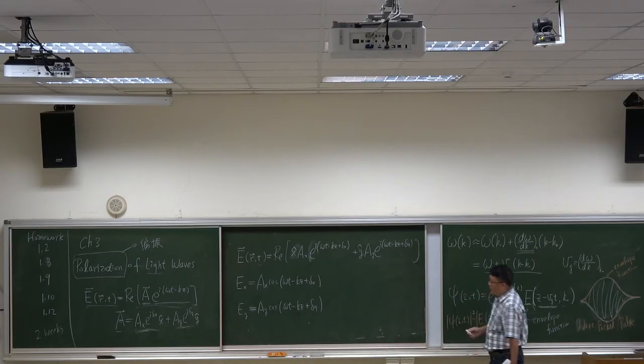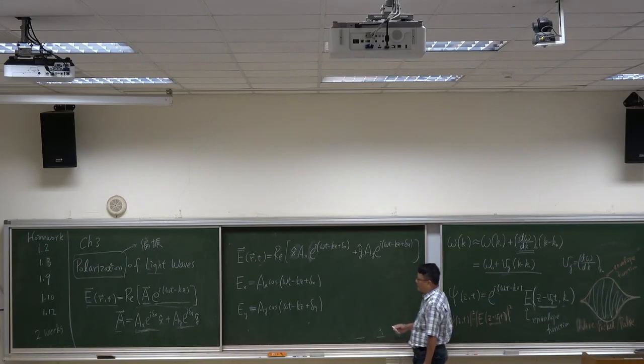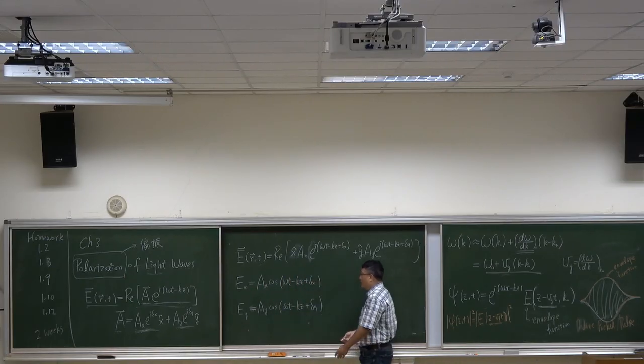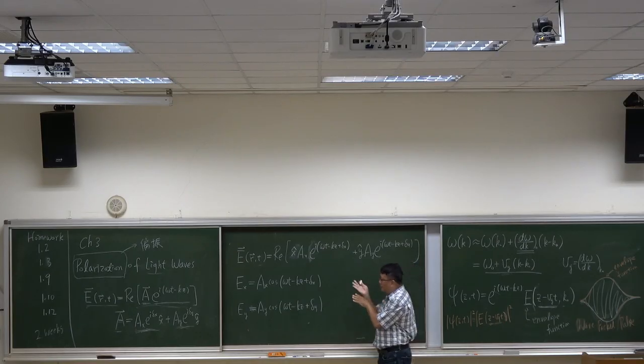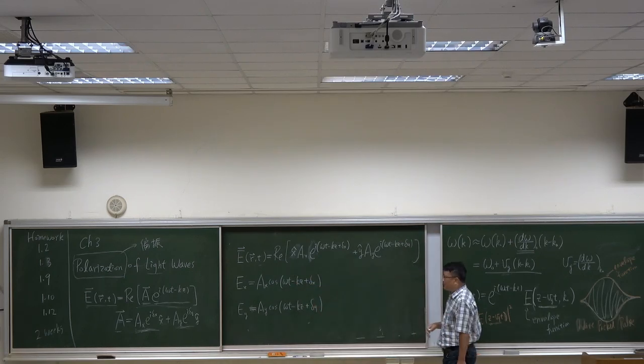So now we want to discuss how the tip of the E field revolves in time. 就是这个电场它的尖端在时间变化之下究竟是怎么绕的？How does it revolve?